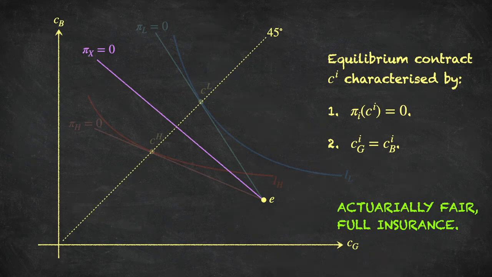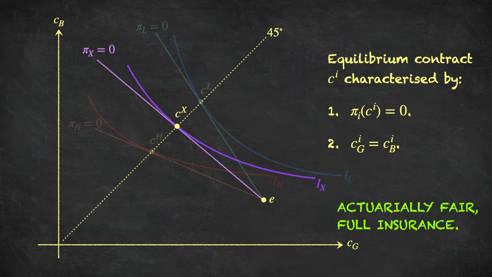So along this line, the firm makes zero expected profit selling contracts to consumers in exchange for their endowments, where consumers do not know their own type. And of all of these contracts, we know that the consumers must be offered the most preferred contract, and this occurs at a tangency point where the indifference curves have slope minus (1 minus px) over px.